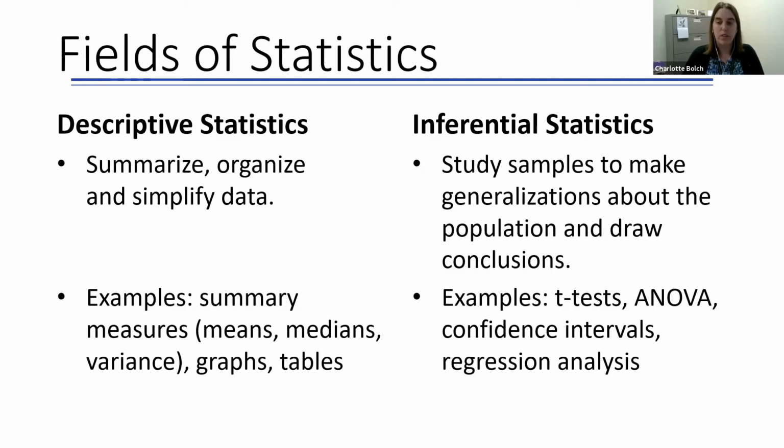These sorts of generalizations are called inferences and include analyses such as t-tests, ANOVA, and confidence intervals. In this town hall, we're going to focus on descriptive statistics and talk about confidence intervals from inferential statistics. And then next month, we're going to go more in depth about tests used in inferential statistics.